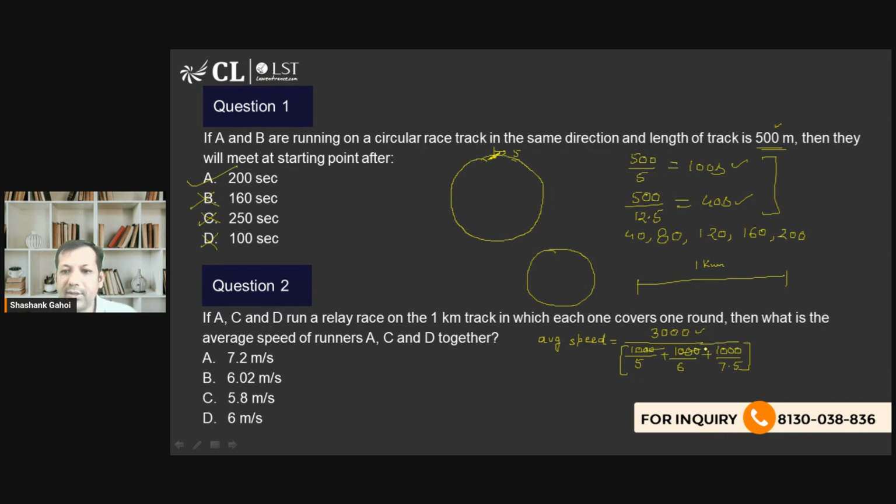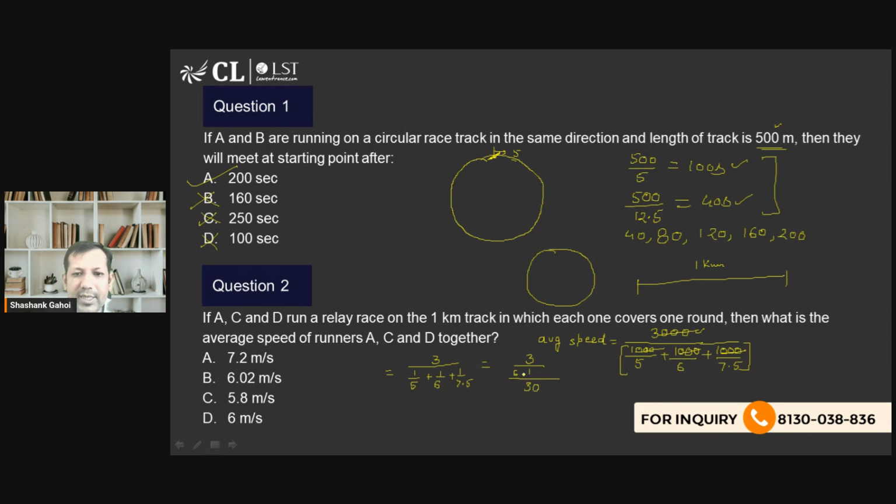So 1000, 1000, 1000, the three zeros are cancelled out. So my average speed comes out to be 3 upon 1 by 5 plus 1 by 6 plus 1 by 7.5. So I am going to say it is 3 upon, the common denominator of 5, 6 and 7.5 is going to be 30.